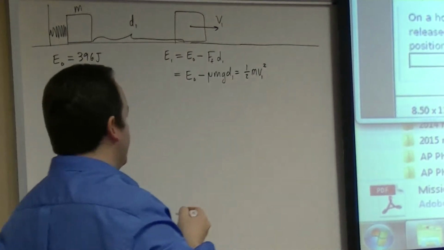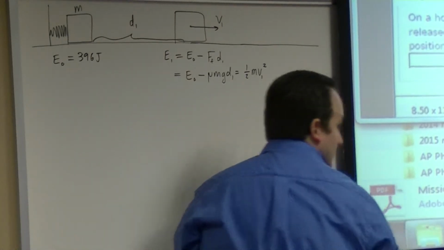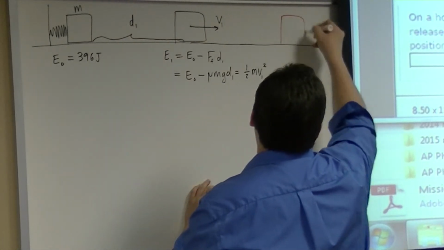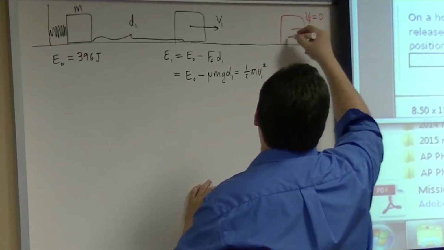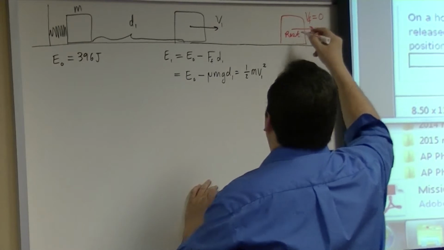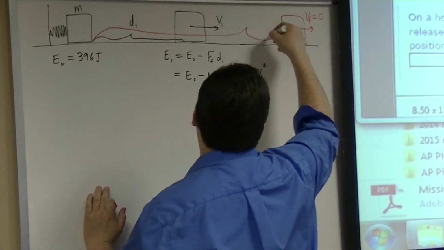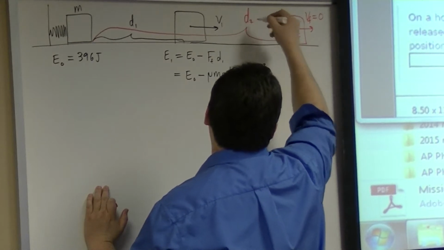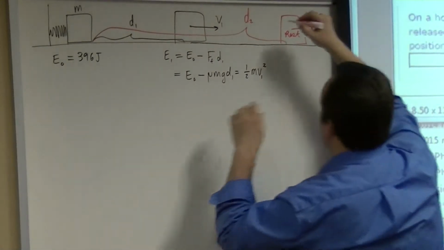There's one other thing we're given in this problem, right? Which is what? It comes to rest somewhere, right? So over here, its final velocity is 0, it's at rest, and that distance is d2, and we're actually given that, 5.79 meters.